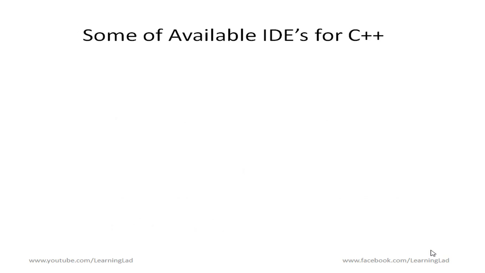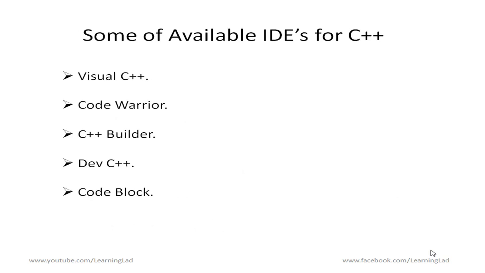Some available IDEs for C++ are Visual C++, CodeWarrior, C++ Builder, Dev-C++, Code::Blocks, and many others. So we're gonna use the Code::Blocks IDE in our upcoming videos, because Code::Blocks is available for all the platforms, Windows, Mac, Linux, and also it's very simple to set up.